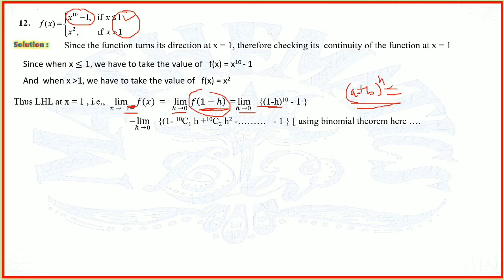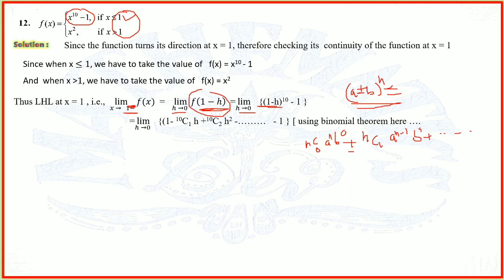So (a plus minus b) raised to n equals nC0 a power n b power 0, then plus nC1 a power n minus 1 b power 1, and so on.